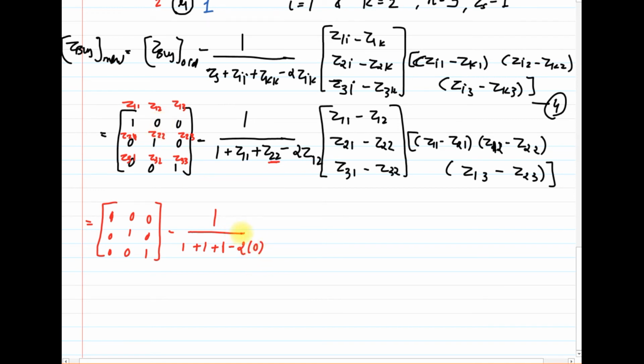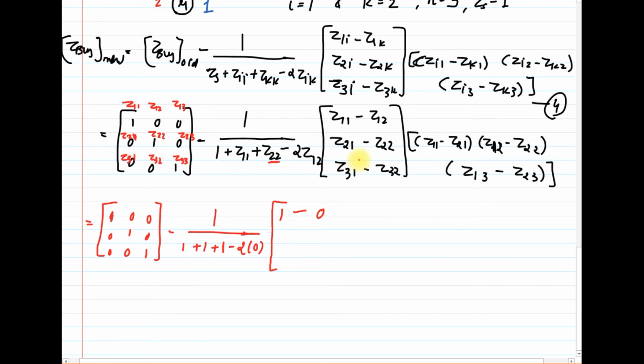I can consider Z12 or Z21. Yes, as it is a symmetric matrix, there is no change if we consider 1 2 or 2 1. Yes, here next Z11 which is 1 minus Z12 which is 0.